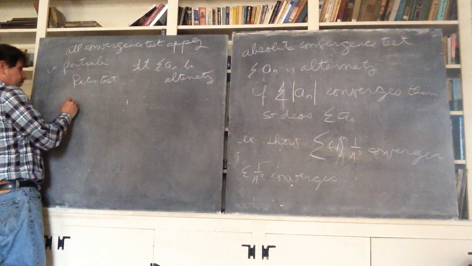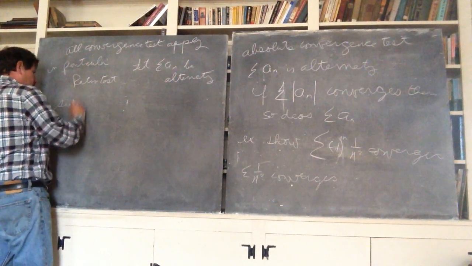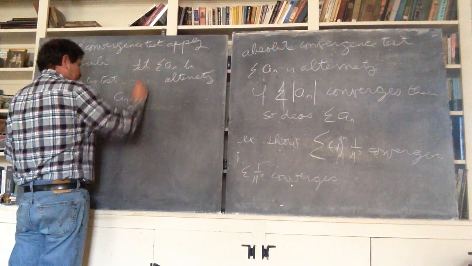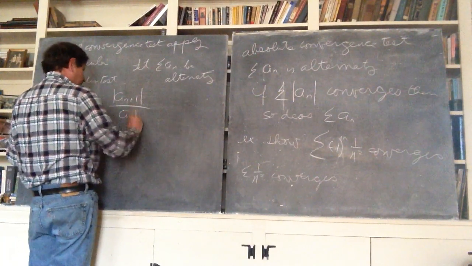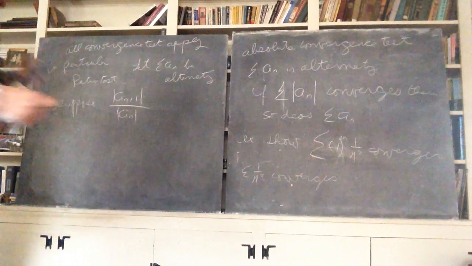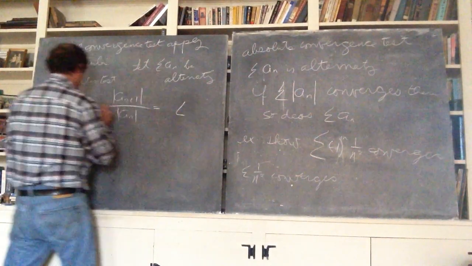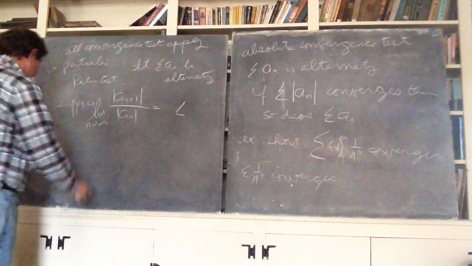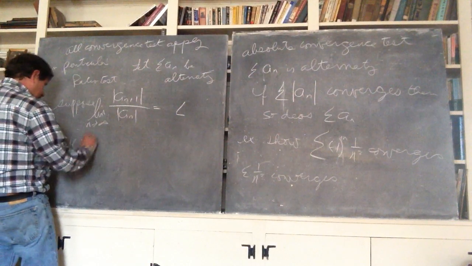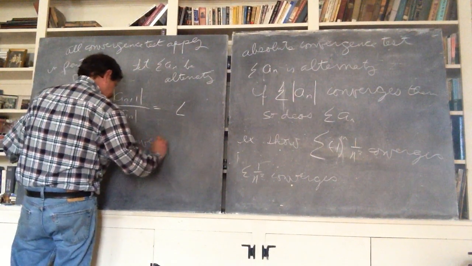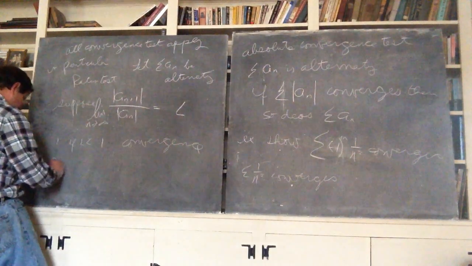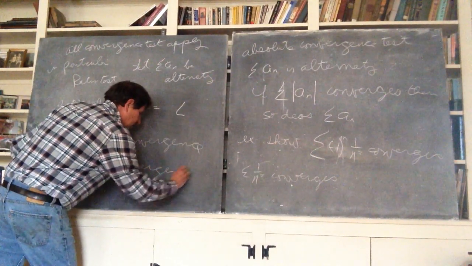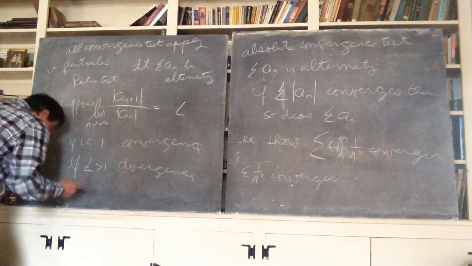Suppose the limit of the absolute value of a sub n plus 1 over a sub n goes to some number L. Then the ratio test says if L is less than 1, convergence. If L is greater than 1, divergence. If L equals 1, it's inconclusive.